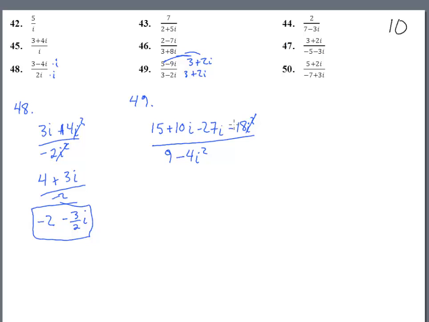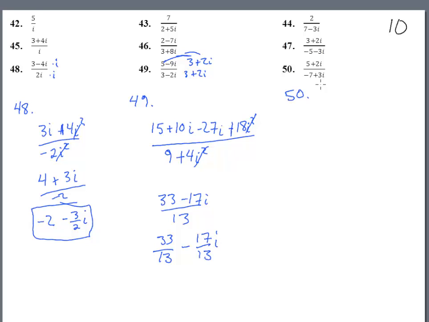Take the i squareds and they make these a plus 18 and a plus 4. So we get 15 plus 18 is 33 minus 17i, combining those together, and then over 13, which can be written as 33 over 13 minus 17 over 13i.